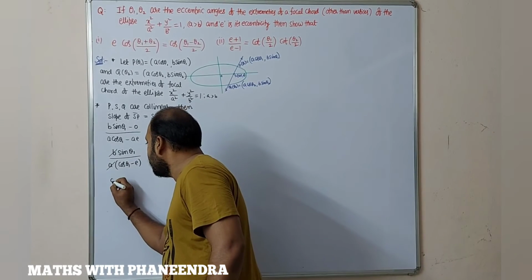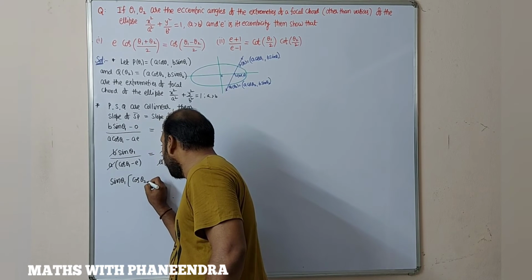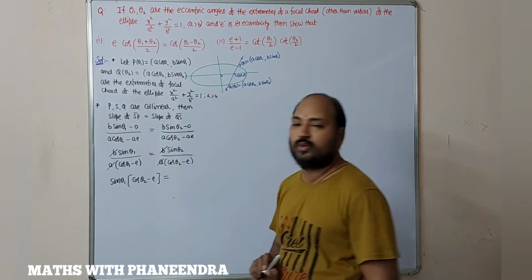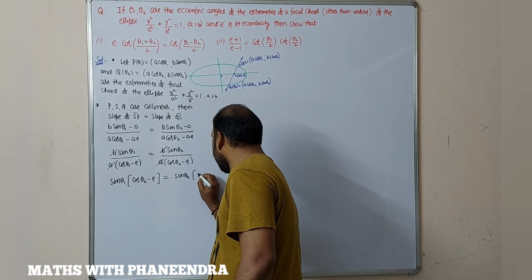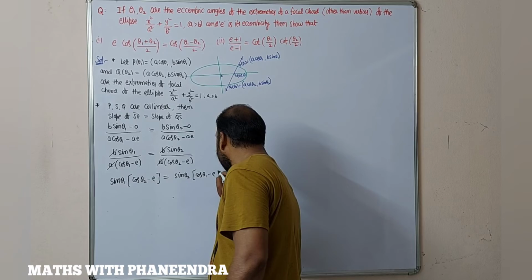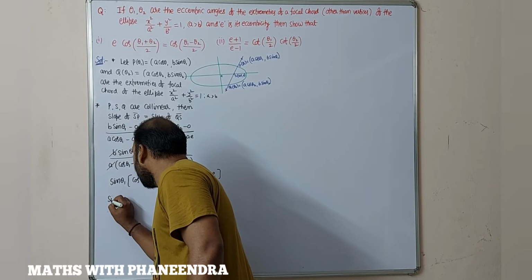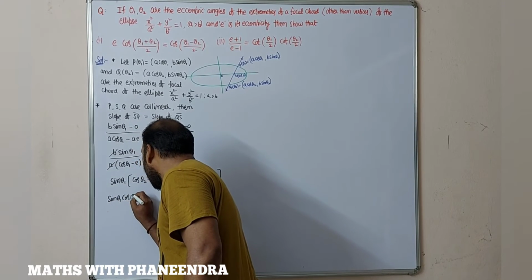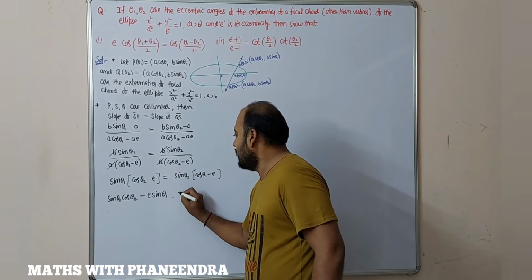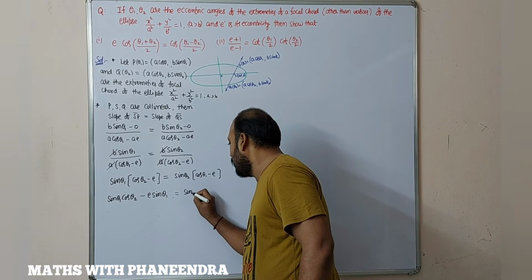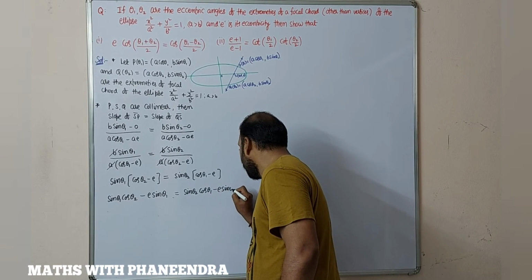So here sin theta 1 into cos theta 2 minus E is equal to sin theta 2 into cos theta 1 minus E. So sin theta 1 into cos theta 2 minus E sin theta 1 is equal to sin theta 2 into cos theta 1 minus E sin theta 2.